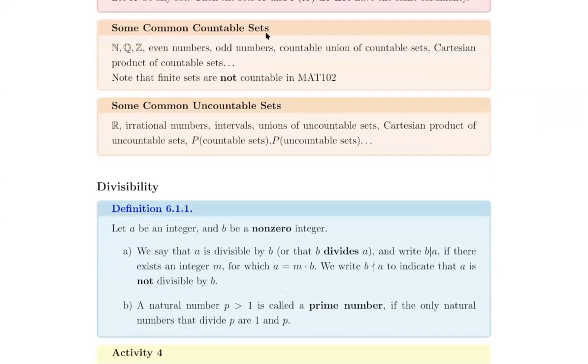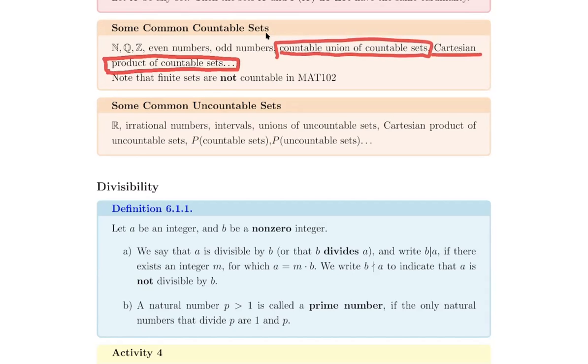So some common countable sets. This is just like a summary. So common countable sets, we have natural number, rational number, integer, even numbers, odd numbers, countable union of countable sets. This is a good one. Cartesian product of countable sets. This is another good one.